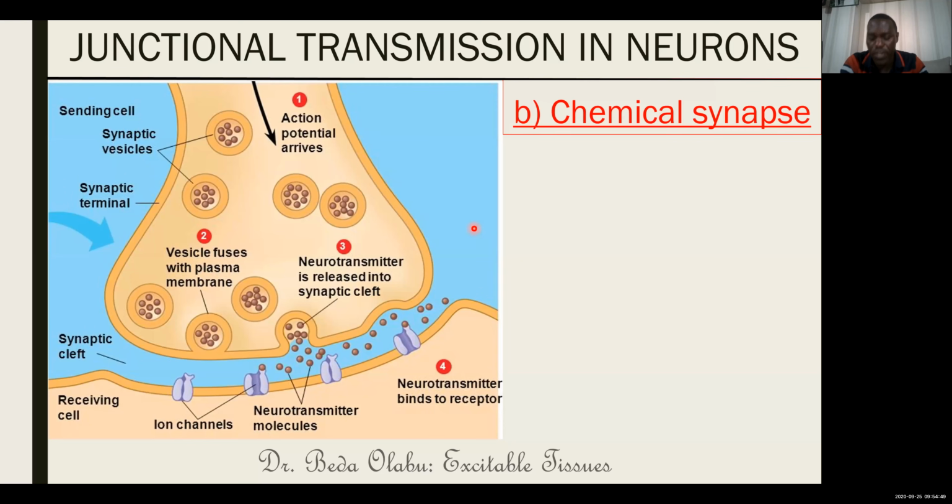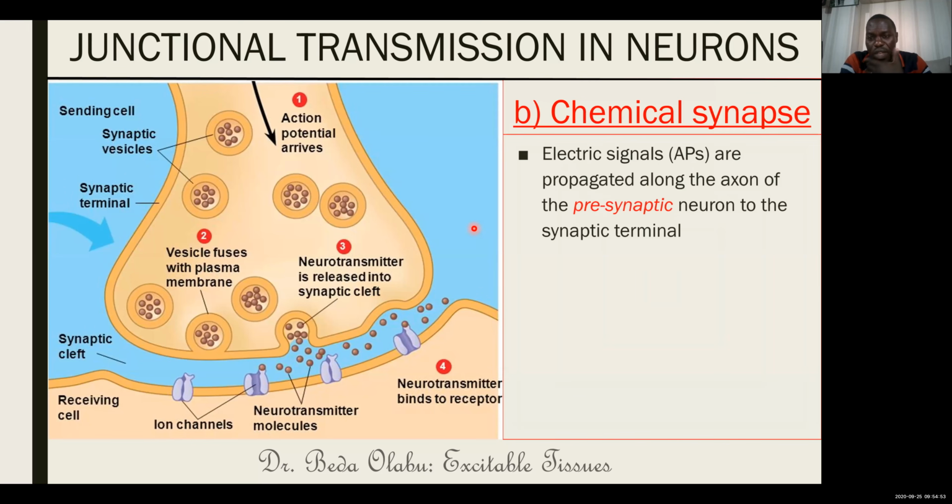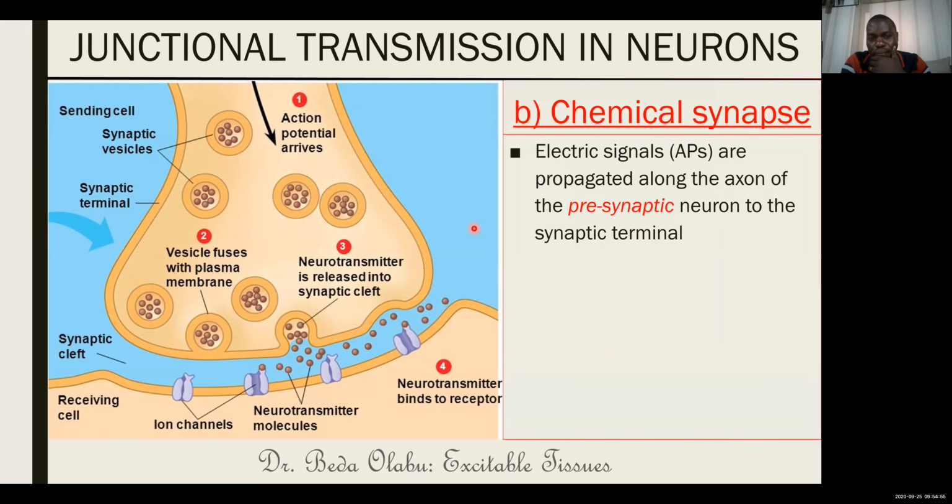Now let's just follow slowly, but make sure you understand. Neurons will experience action potentials, and this action potential is transmitted along the cell membrane of the axon up to the end of the axon.